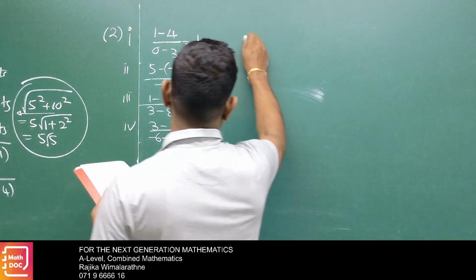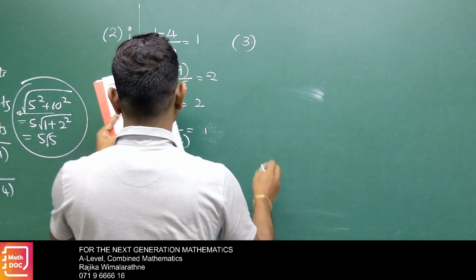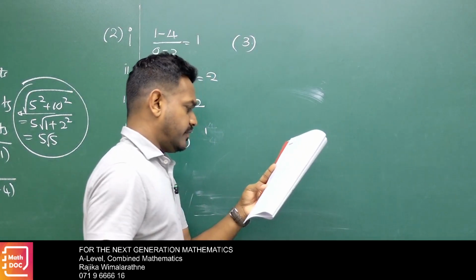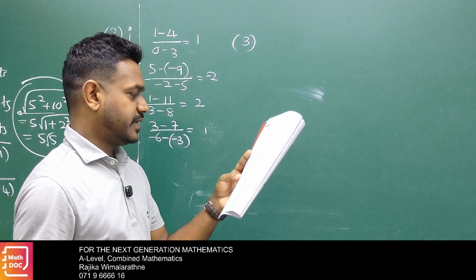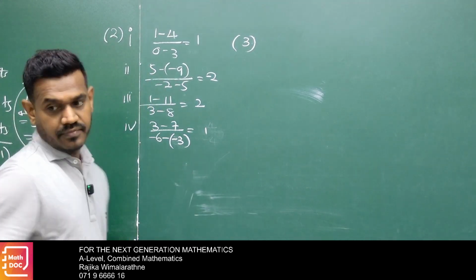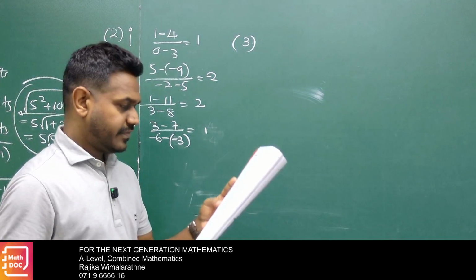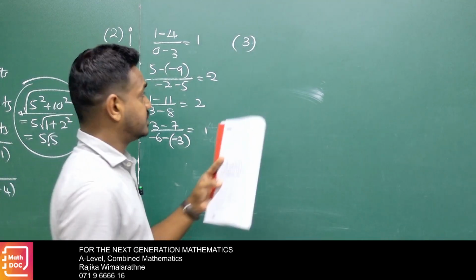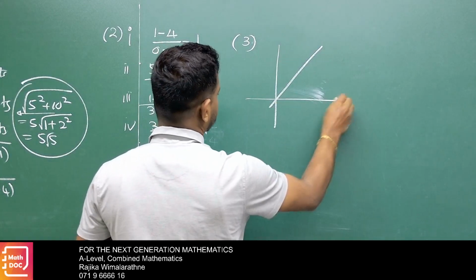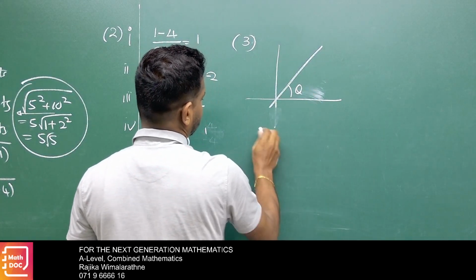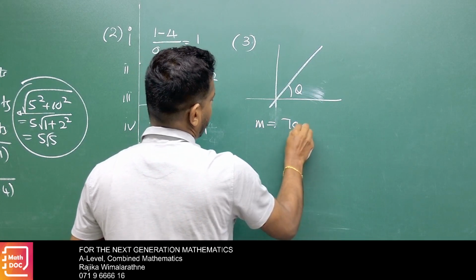Okay, then question number 3. Two points are given. Find the angle. Here this is the gradient, okay? By the gradient we can extract the angle with the positive direction of the x-axis. You consider the angle theta. Then gradient m equals tan theta, no?